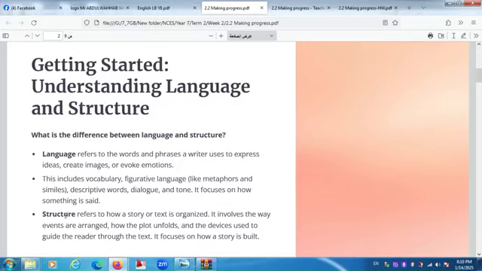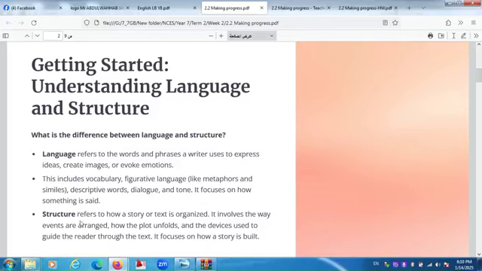while the structure is the layout or the shape. When you look at the text, what you can see: paragraphs, words, lines, stanzas. So structure refers to how a story or a text is organized.